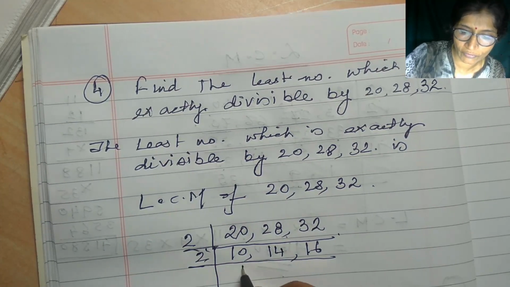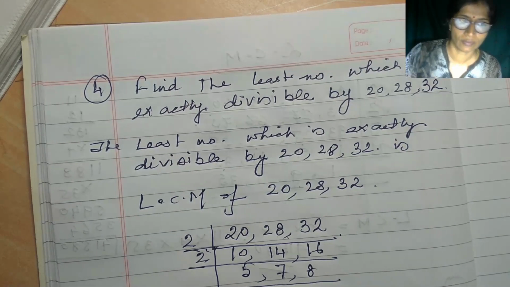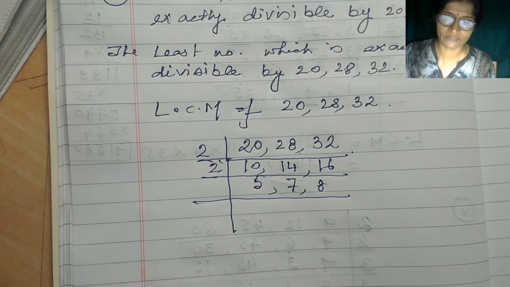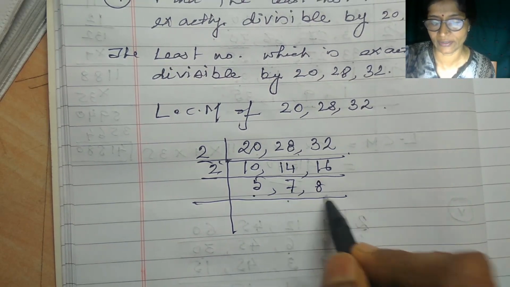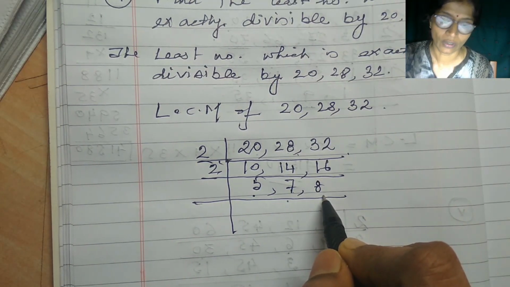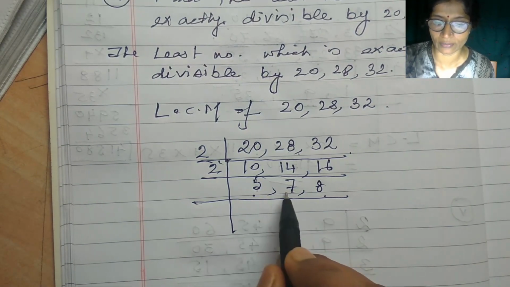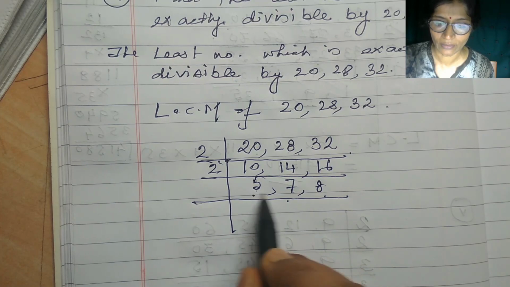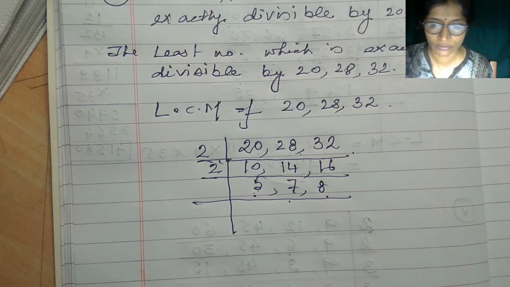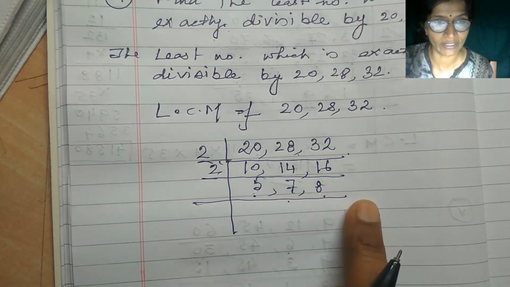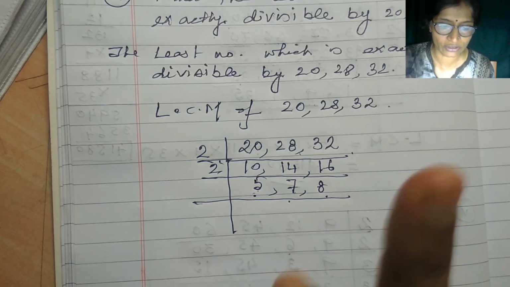So 2, 5, 7, 8. Then this is divisible by 5, this is divisible by 7, and this by 2, 4 or 8. So here what will happen, all the three terms are divisible by different numbers, so they don't have any common factor, neither two terms nor three terms. So I'll stop here.